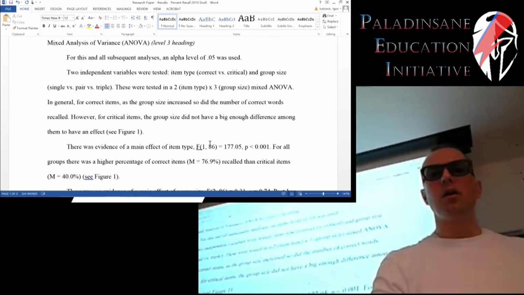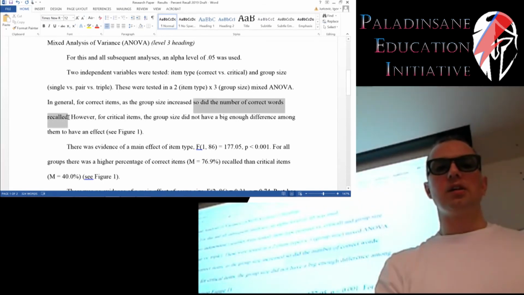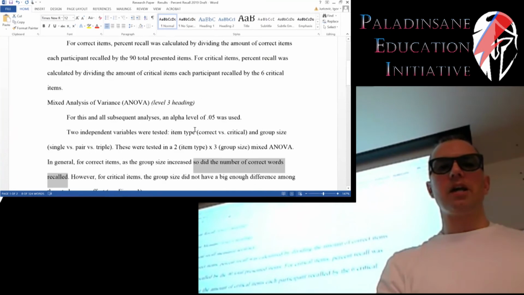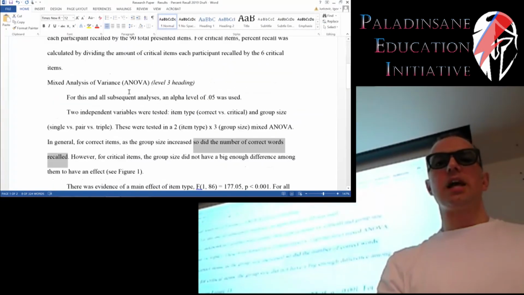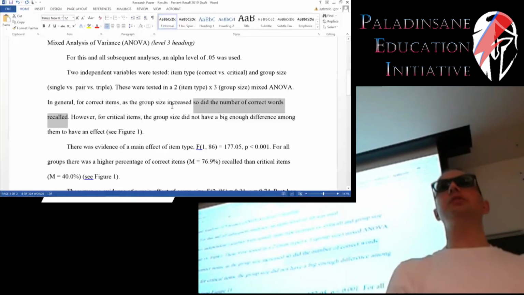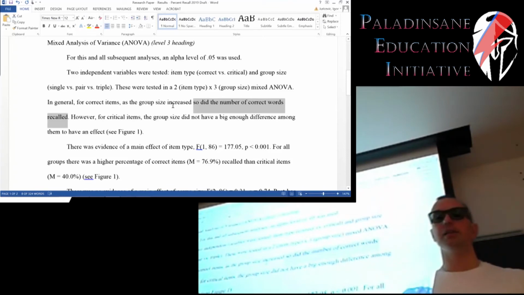Okay, and then the last thing that we can do to make this a little bit more straightforward is we just defined percent recall for the reader, so it's fresh in their minds. So the last thing we want to do here is we can use that term because we've just told them, hey, this is what percent recall is.